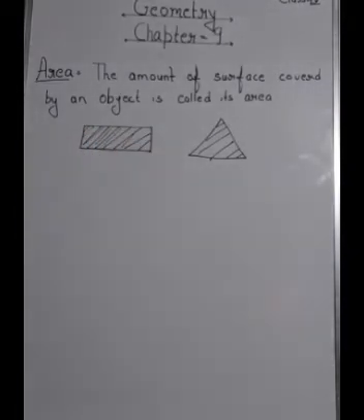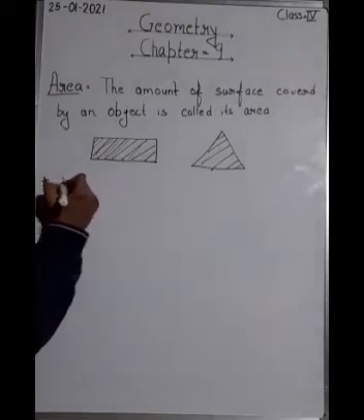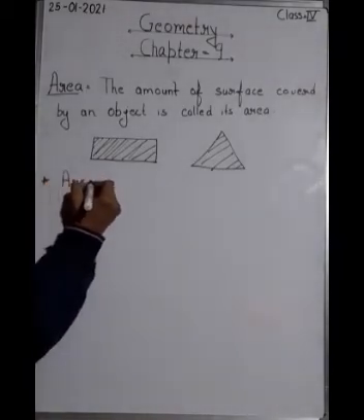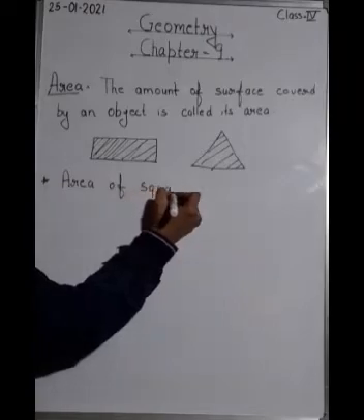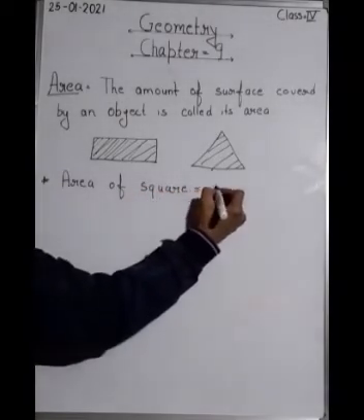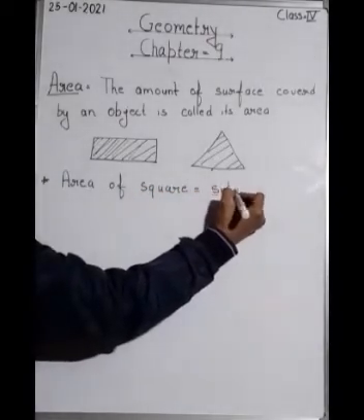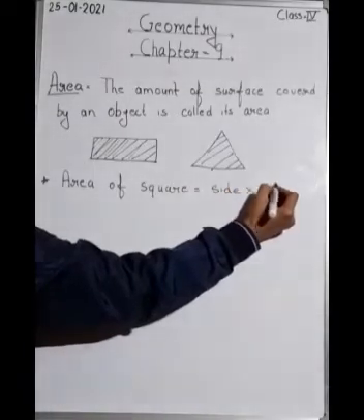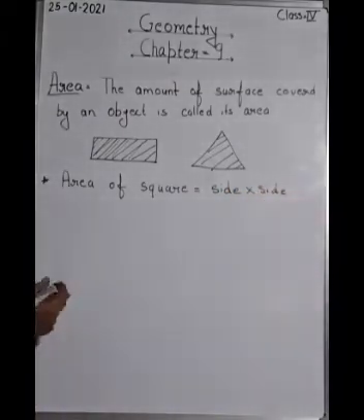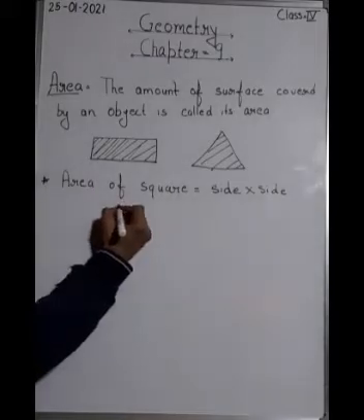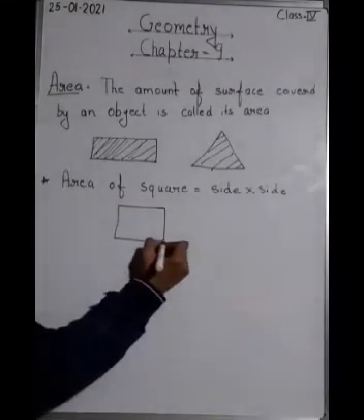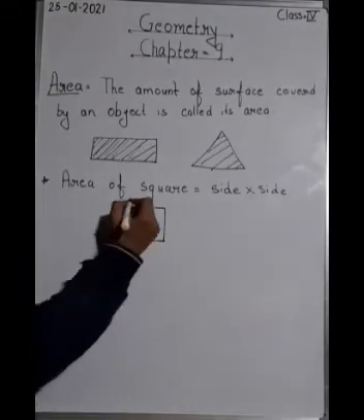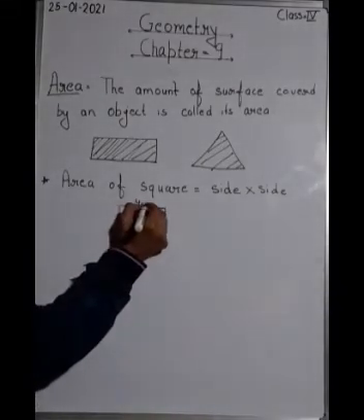Okay. Now for finding the area of a square, we have a formula. What is its formula? Its formula is side into side. Now we will learn how to apply it. So here I have drawn a square, and I told you that its side is 4 centimeter.